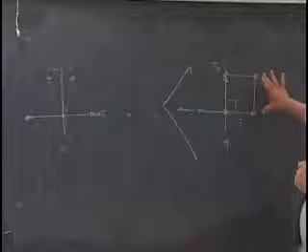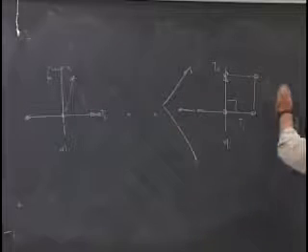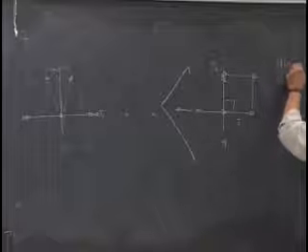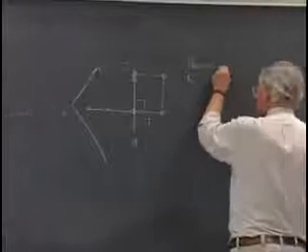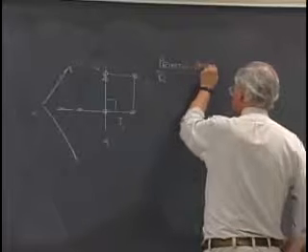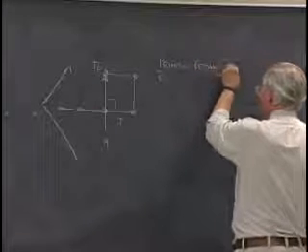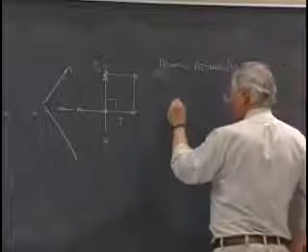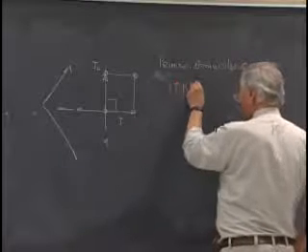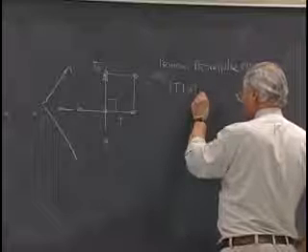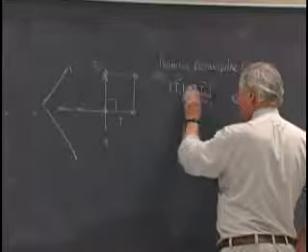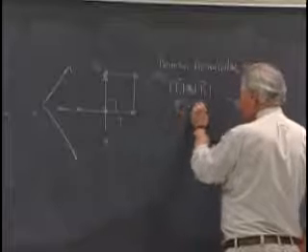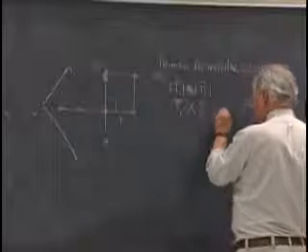So this is a lattice that has a rectangular shape. It's a primitive rectangular cell, and it has T1 not equal to T2 in magnitude, and it has T1 and T2 exactly 90 degrees apart.